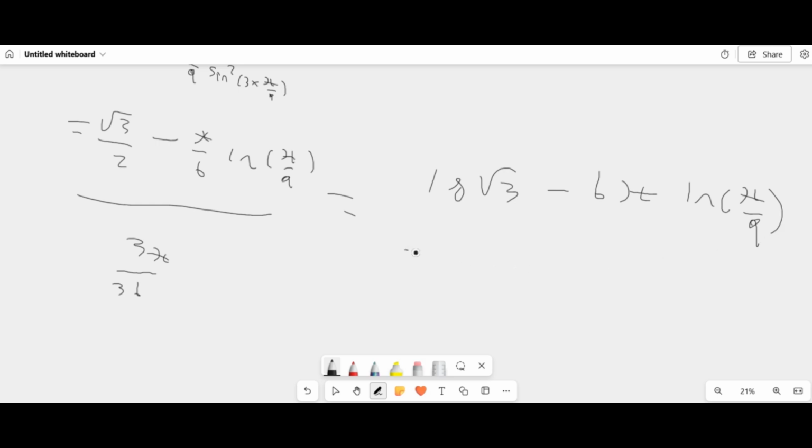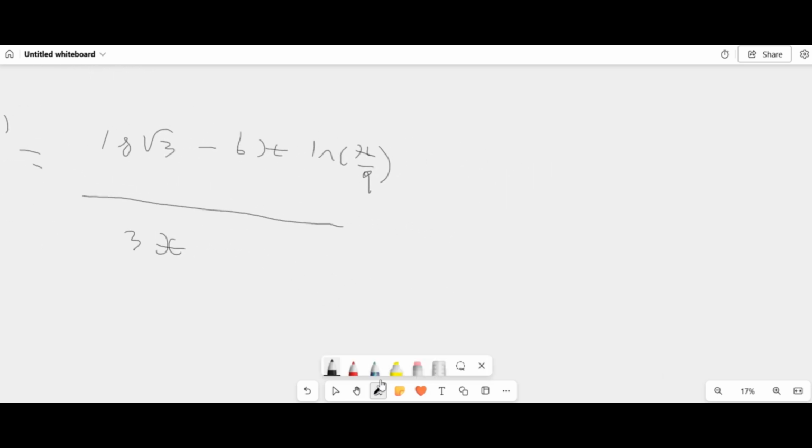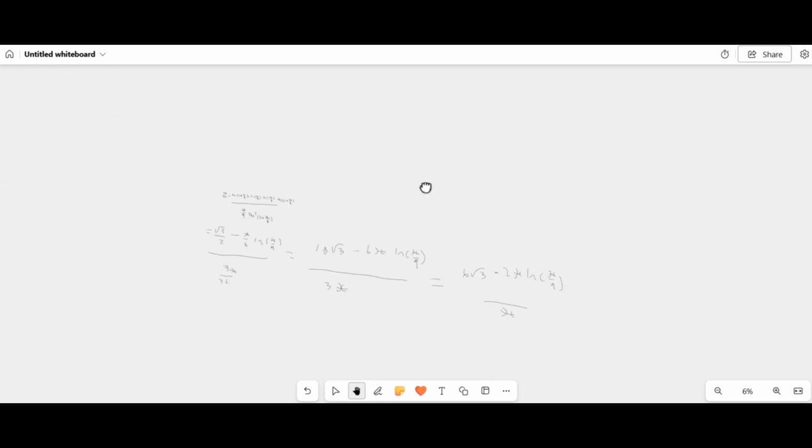That's timesing it by 36. And times 1 by 36, you get 3 pi. That's why we did it here to clear it. And now just divide by 3. So this divided by 3 pi, that divided by 3 will get you 6 root 3, and 6 divided by 3 is 2, so minus 2 pi ln pi over 9. And all of that over pi. All right, cool. That's the answer.